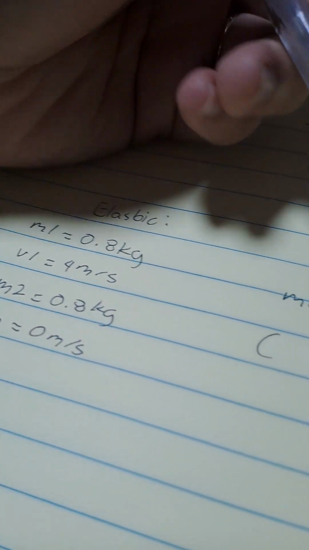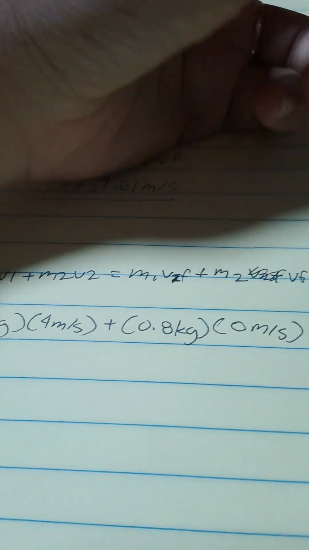We're gonna replace everything. So M1 is 0.8 kilograms, then multiply by 4 meter per second, plus M2, which is 0.8 kilograms, and then V2 is still 0 meter per second because it's at rest.